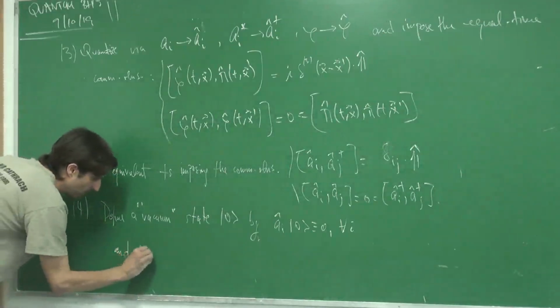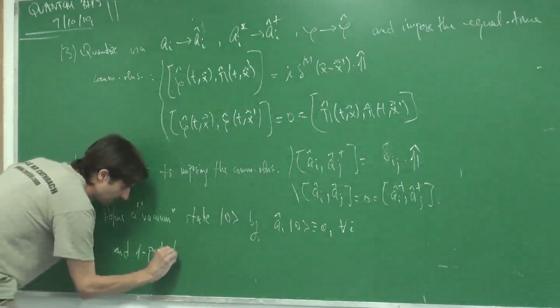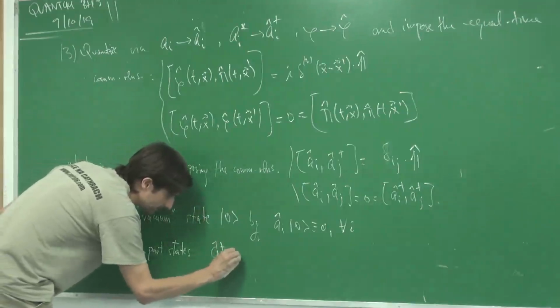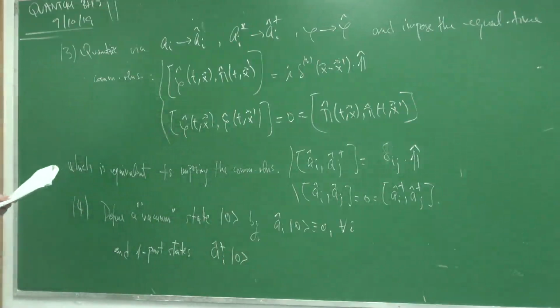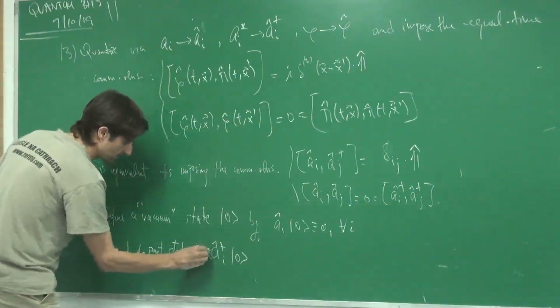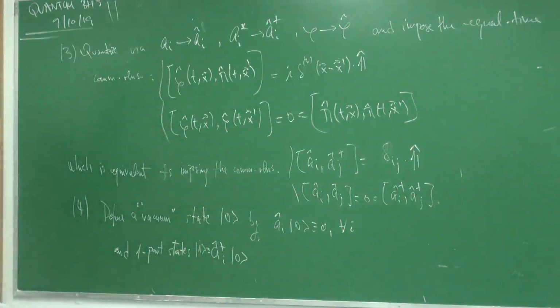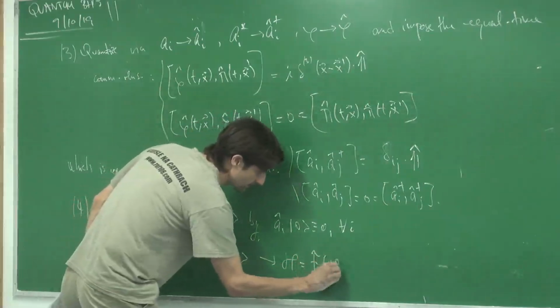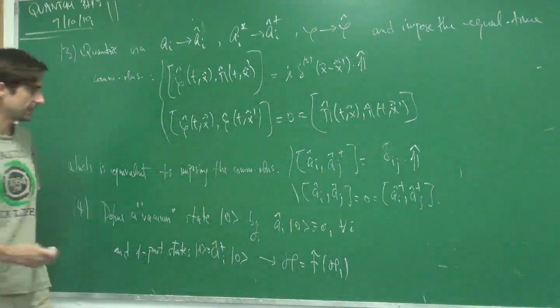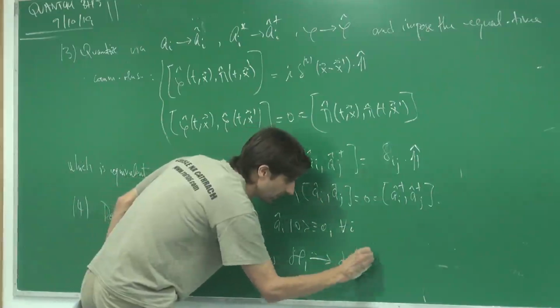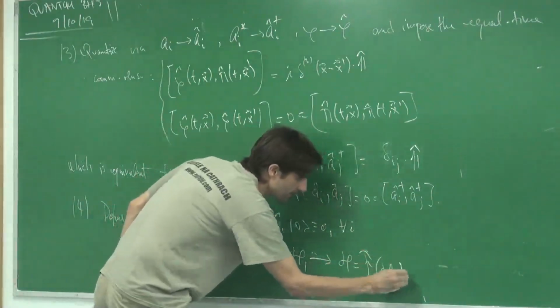And then the one particle states, you build them by applying a dagger to this vacuum state, and that gives you the one particle Hilbert space, and from that you get your full Fock space.